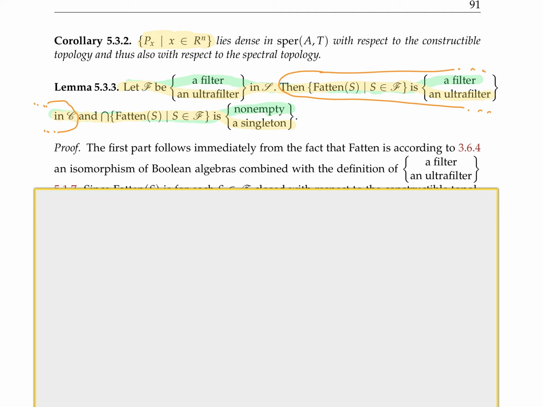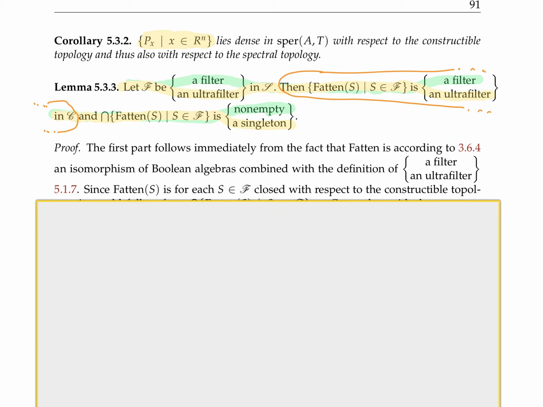And now the second part about the intersection of all these fattenings. So for each S in the filter F, the fattening of S is closed with respect to the constructible topology, right?